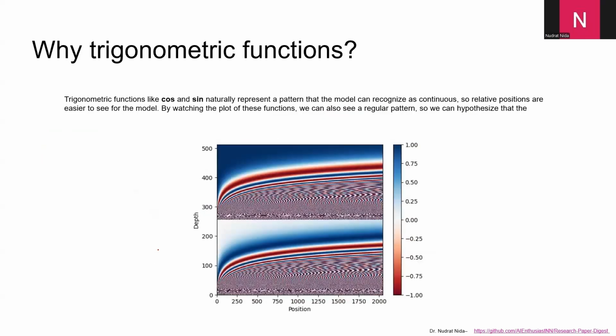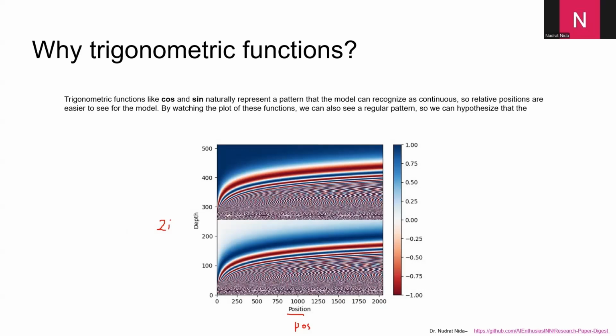This is the visual representation given in the paper to show how positional encoding works. This is basically the depth, which is 2i, and this is the position, that is pos, present in the formula we displayed previously in the slide.